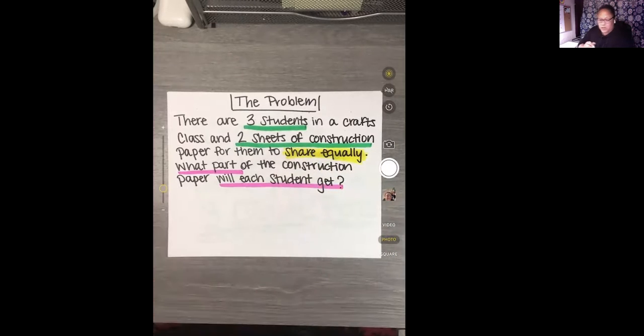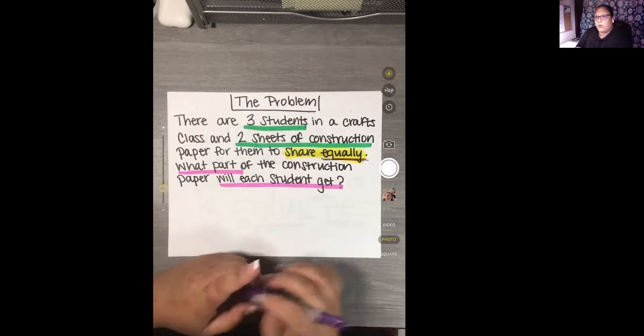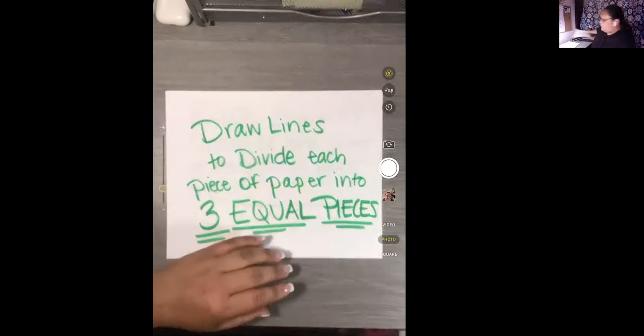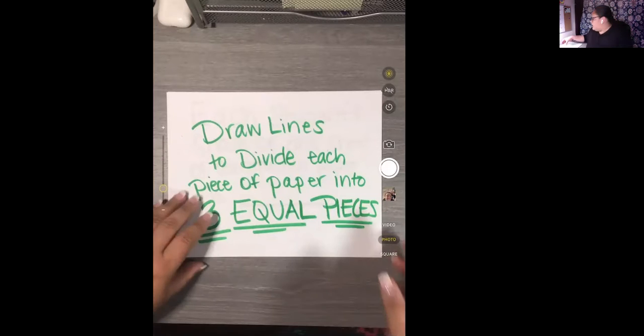And now when we see this word, equally, we see that this is a division problem. So part of our instructions are to draw lines to divide each piece of paper into 3 equal pieces.